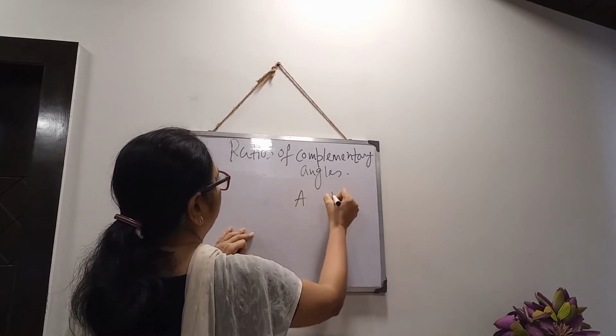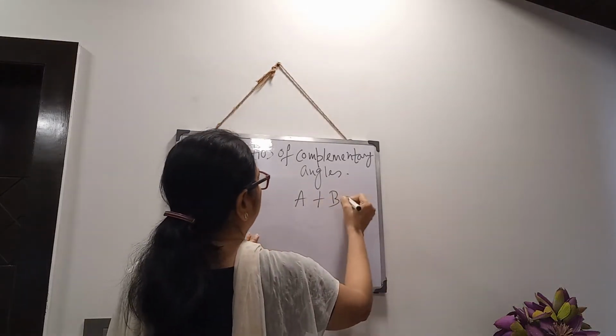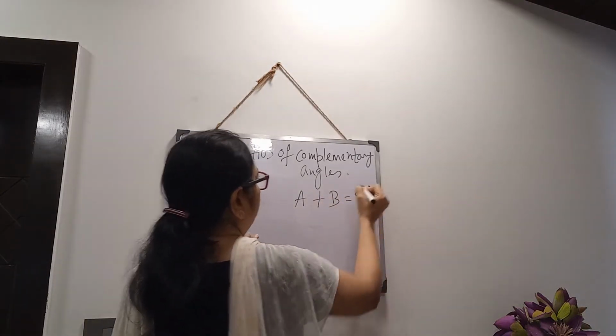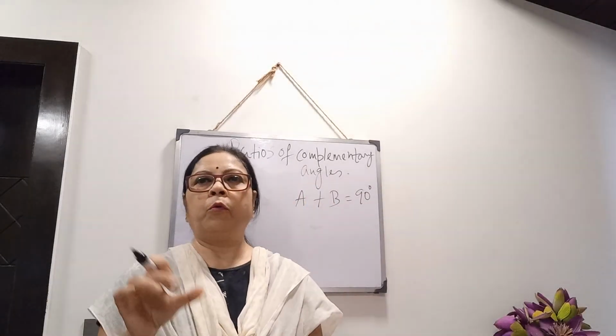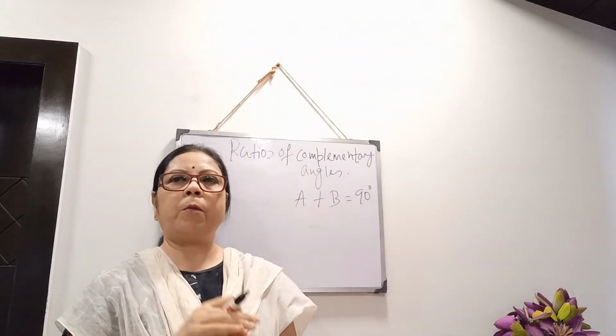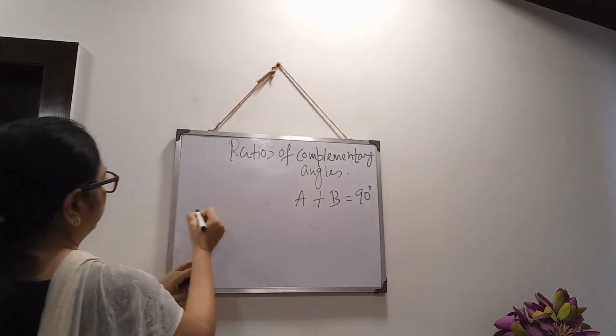Suppose A and B are two acute angles. Now if their sum is 90 degrees, then each angle, A and B, is the complement of the other angle. Now there are some formulas.